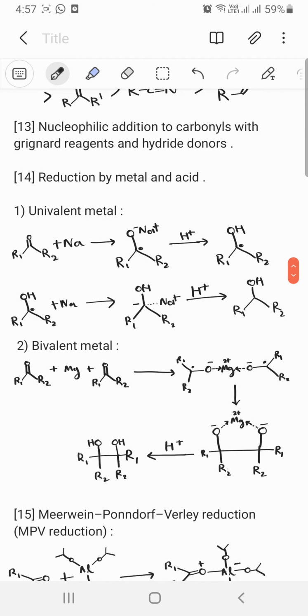Nucleophilic addition to carbonyls with Grignard reagent and hydride donors. Yeah, that looks correct. It's just R minus and then nucleophilic addition. Cool. Reduction by metal and acid. Yes, that makes sense.